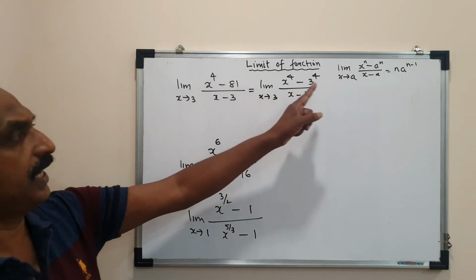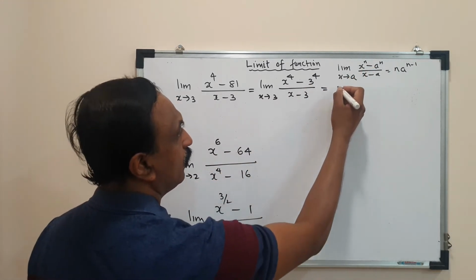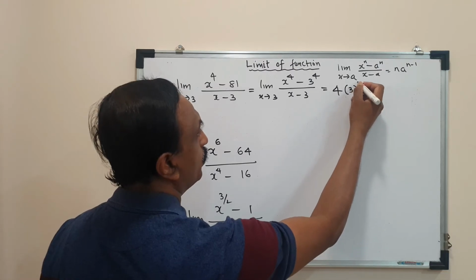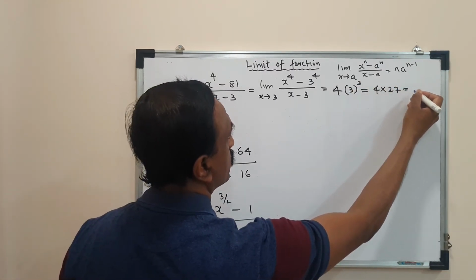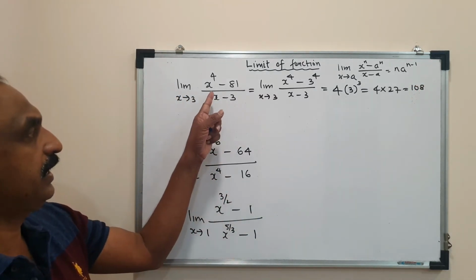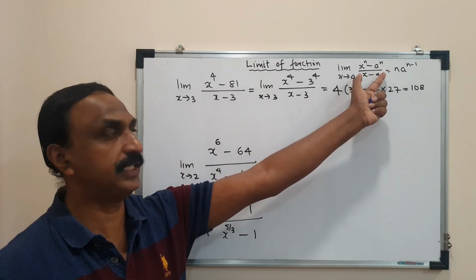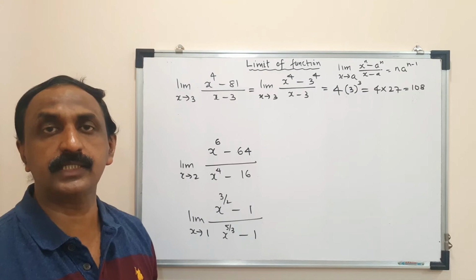And now you can see that it is exactly in this format. So directly I can write the answer 4 into 3 cube, that is 4 into 27, that is 108. So in case of such a format, you don't have to get the common factor. You don't have to cancel the common factor.